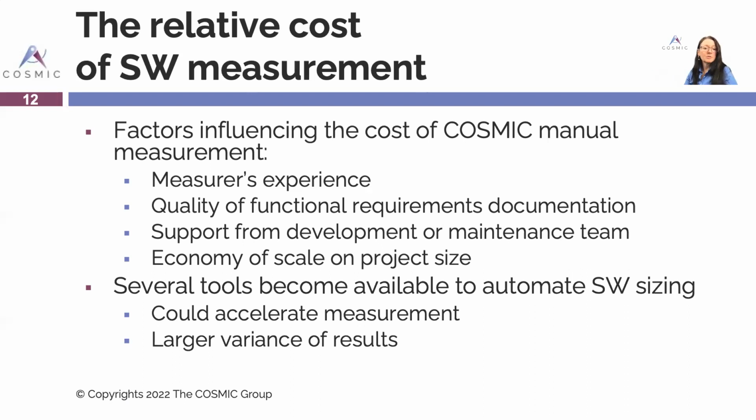There are also several tools that are now becoming available to automate software sizing. This could, of course, accelerate the measurement, but they may not be as precise as a human measurer for now, so there's a larger variance of results.